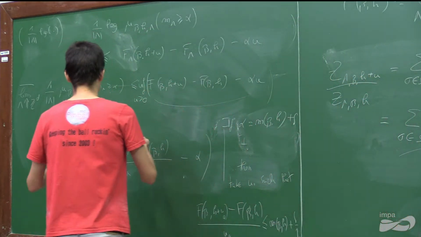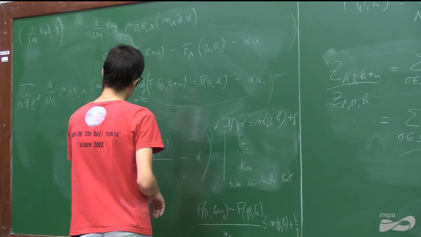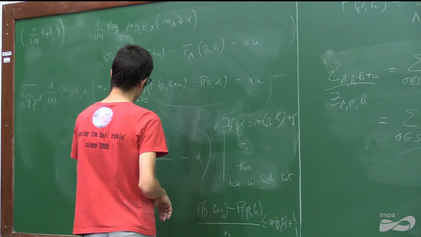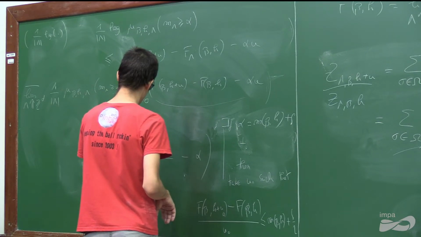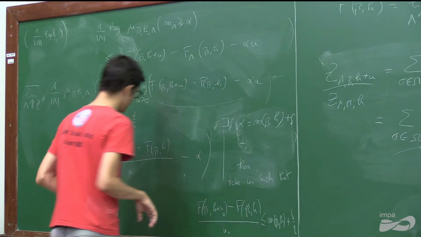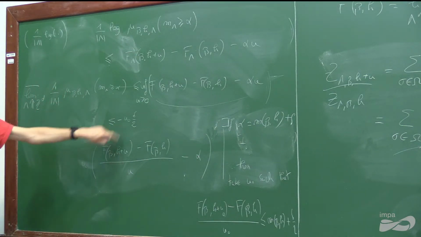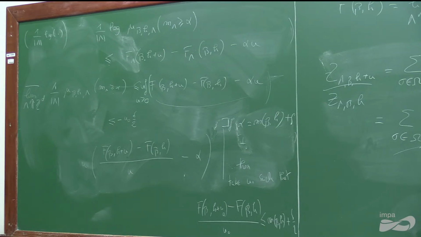And I get that this is smaller than minus u0 times delta over 2. So this gives me a negative bound on the lim sup. So I'm happy.